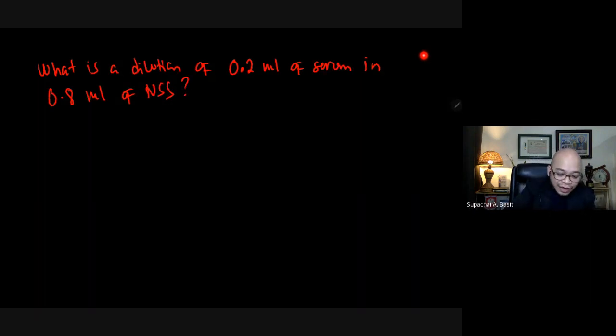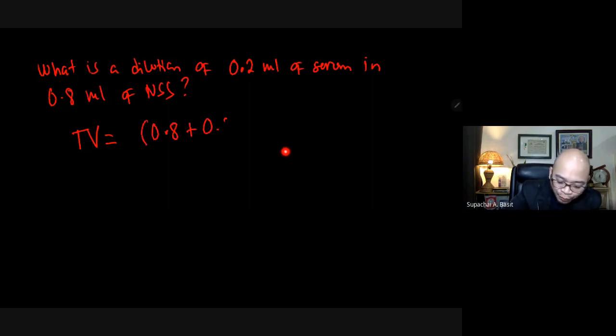So let's say this is our first problem. So we have to determine first the total volume. So total volume is 0.8 plus 0.2 over 0.2.